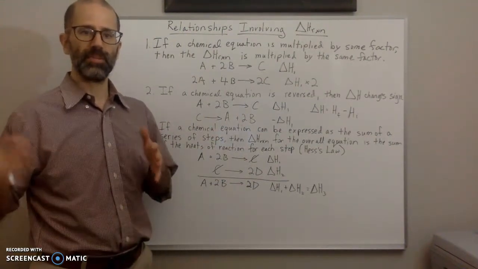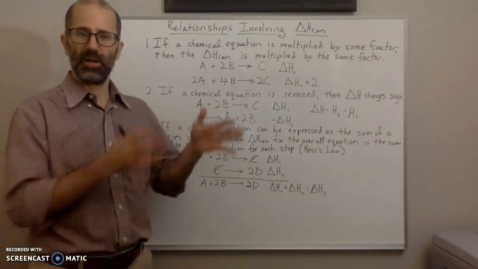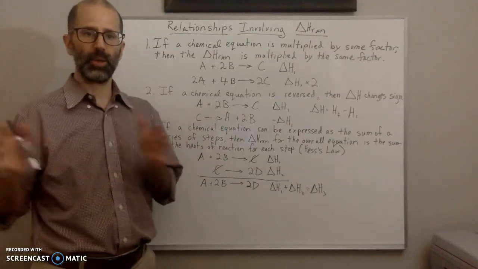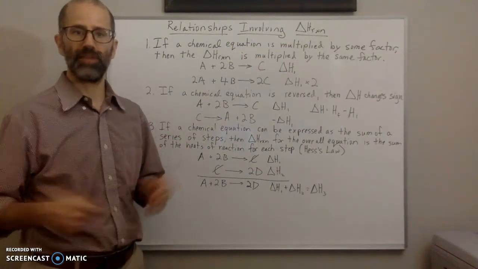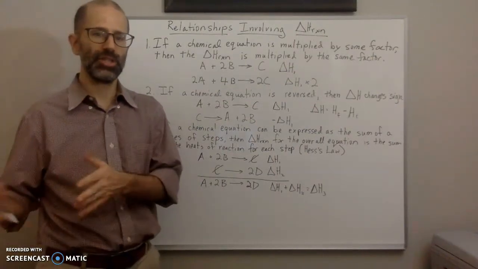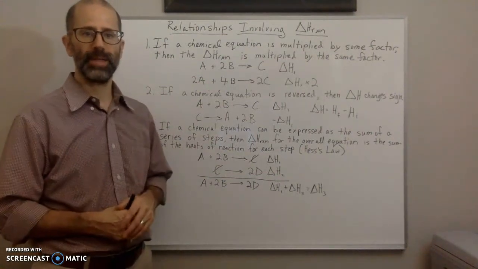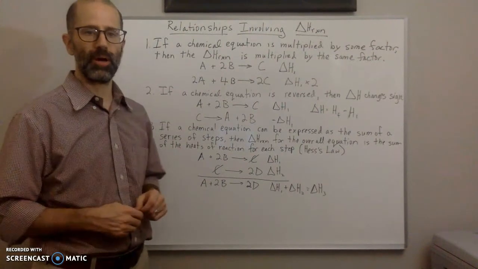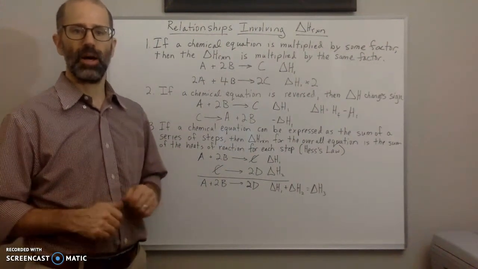So we can tie the different coefficients of each product or reactant with the delta H of the reaction given, so that we can use it as a conversion factor to convert from a certain amount of energy evolved for a reaction to a certain amount of product that was made, or to a certain amount of reactant that was needed to have the reaction go.